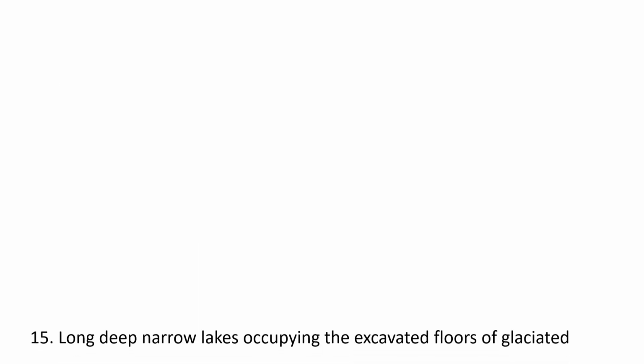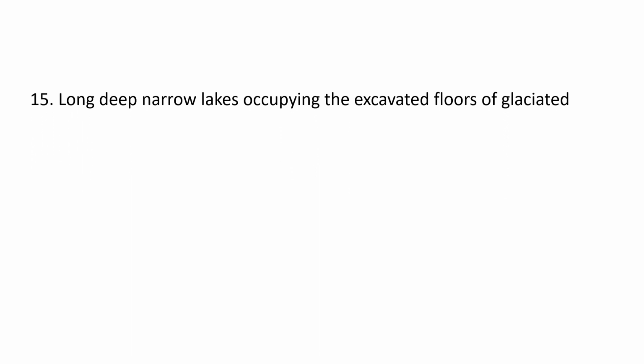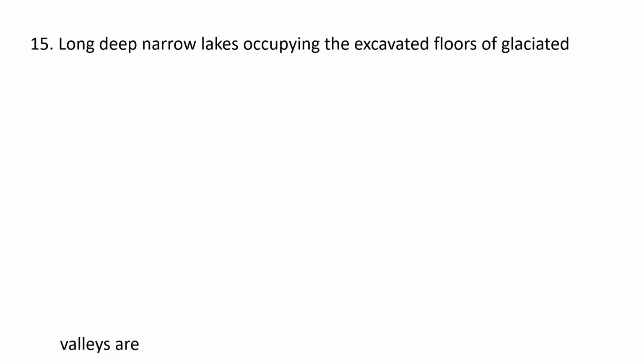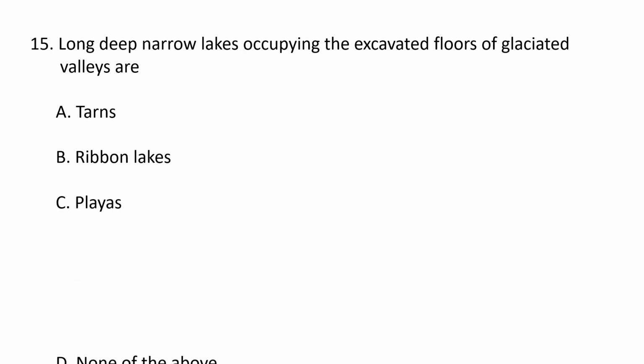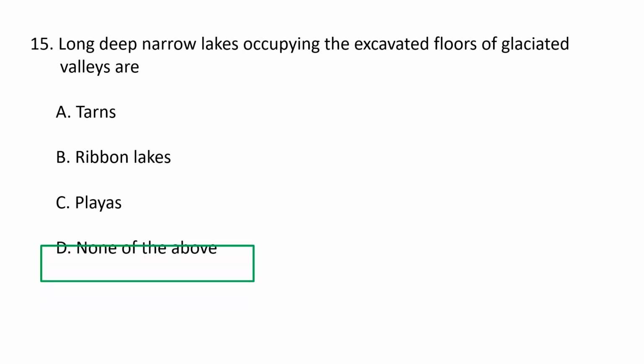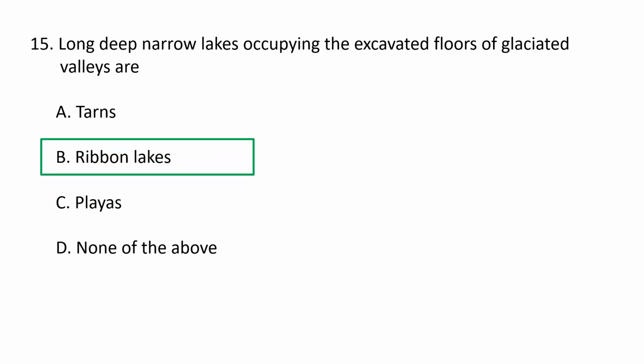Next question. Long, deep, narrow lakes occupying the excavated floors of glacial valleys are A. Tarns, B. Ribbon lakes, C. Playas, and D. None of the above. Long, deep, narrow lakes occupying the excavated floors of the glaciated valleys are known as ribbon lakes.